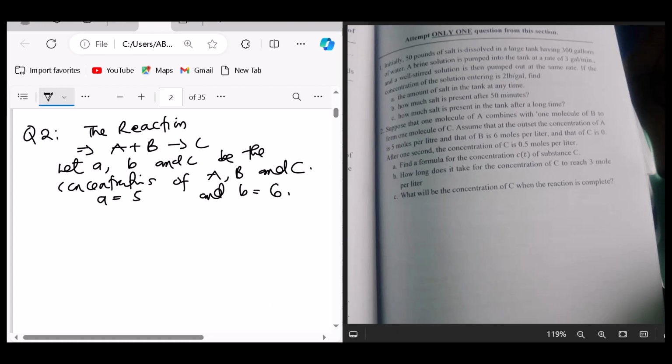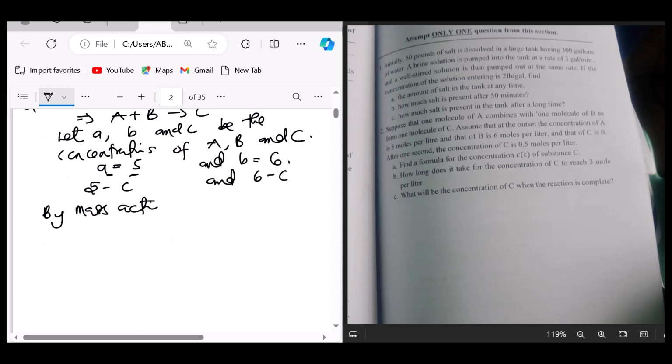Because this 5 is used in forming C, the moles per liter that is used is c. So the concentration of A is now 5 minus c, and that of B is just 6 minus c. We have these two things, but by mass action, we know that we can model the equation using their product.